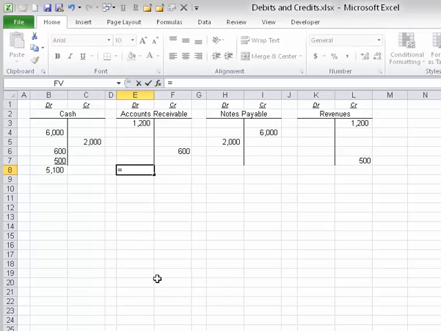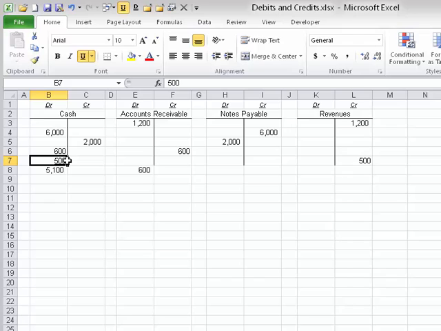Accounts receivable, again, as an asset account, I would expect it to have a debit balance, and sure enough, $1,200 less the $600. I'll draw a line here to show that we're calculating the balance on the account now. And that's $600. Under notes payable, I would expect it to have a credit balance since that's a liability account.